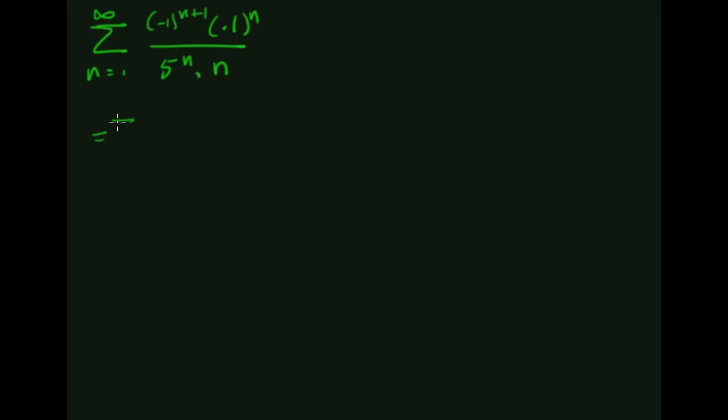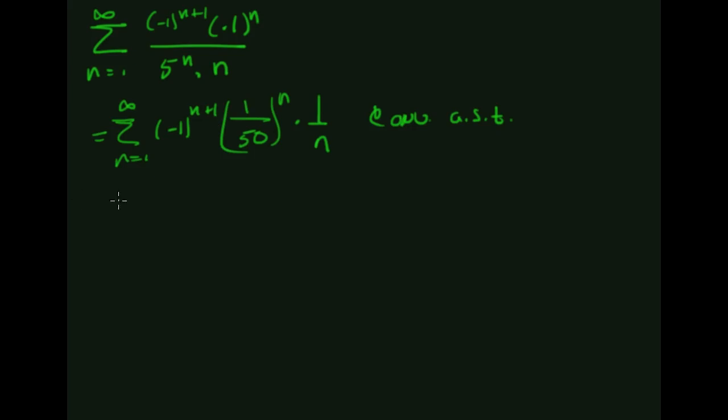All right, so I rewrote this just to make some sense of it for myself. I have an alternator. This is going to be 1 over 50 to the n times 1 over n. All right, this converges by AST. That's pretty clear. So let's see what goes on here. If I take this and estimate this with the first two terms. When n is 1, this is positive. This is just going to be 1 over 50, and that's going to be 1 over 1.